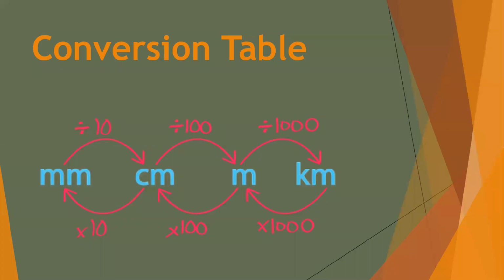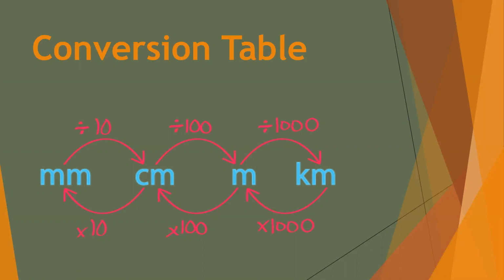The first one that we're going to look at is your conversion table. This is a very important table to know. I've included it for your own safekeeping. This table will help you to be able to move between your units from millimeters to centimeters, meters, and then finally kilometers. Sometimes we need to compare apples to apples, so you need to have the same units throughout your entire question.